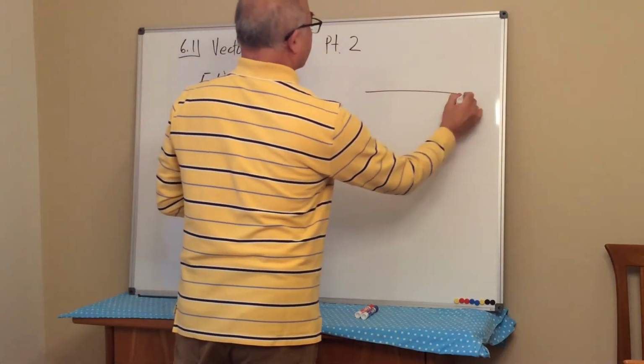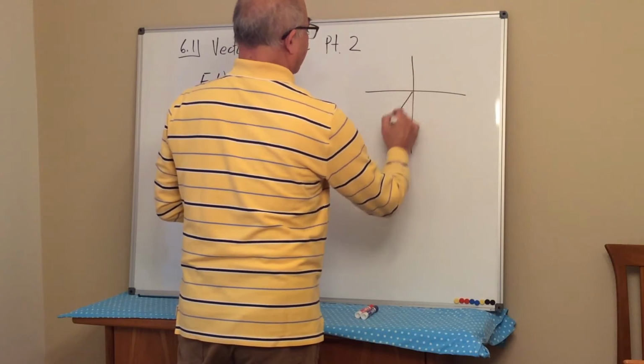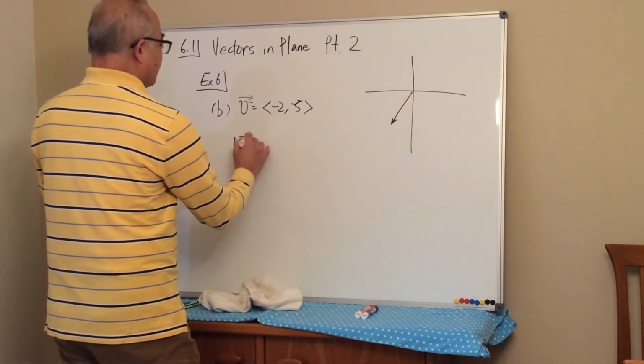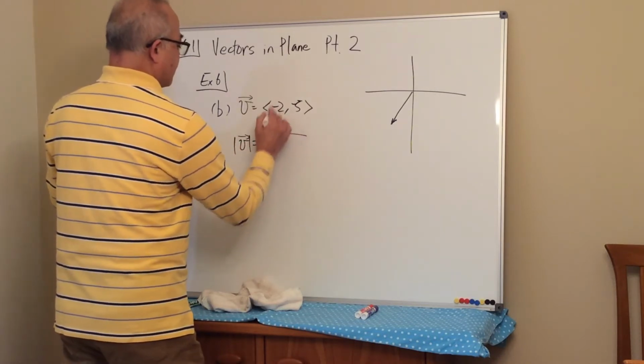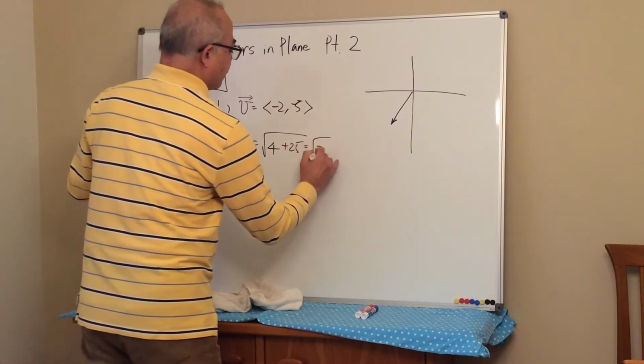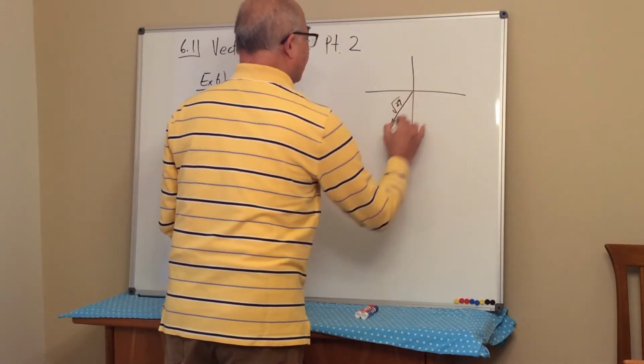So if I drew it, I get negative 2, negative 5, like that. So let's find the magnitude first. The magnitude is 4 plus 25, square root of 29, which means the magnitude here is square root of 29.